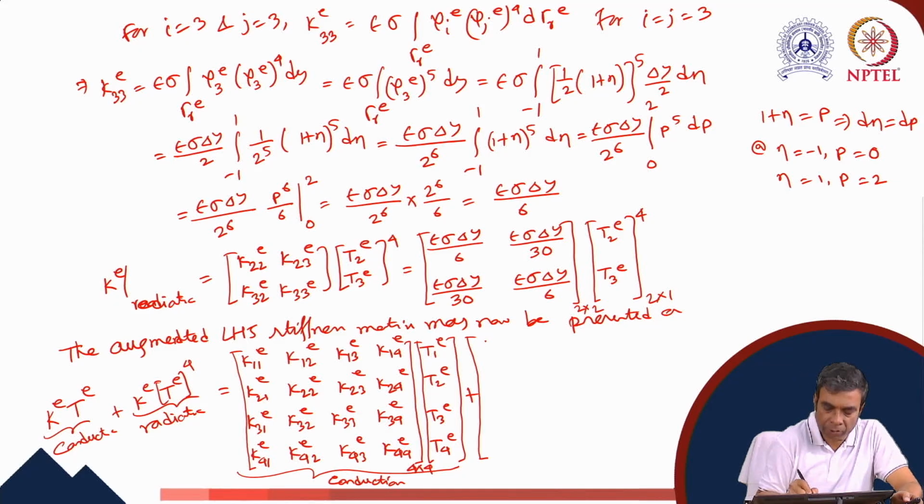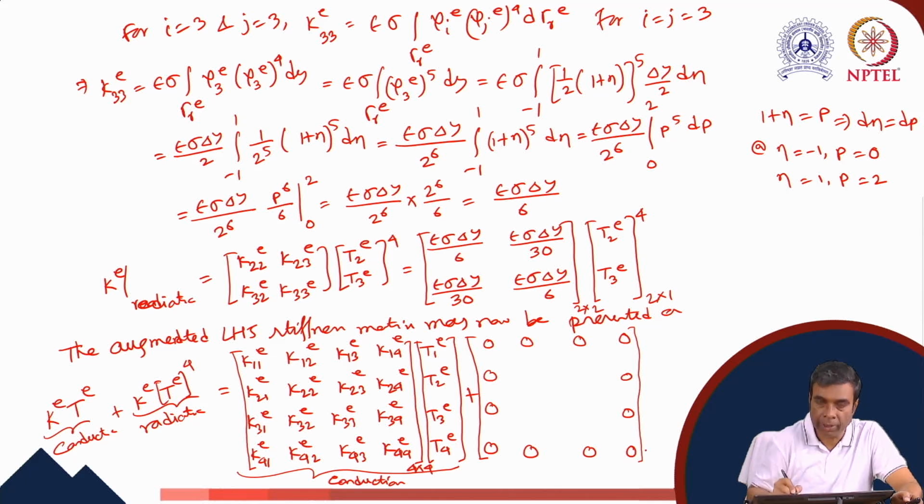So the first row corresponding to T1e will have all the zeros. So 0, 0, 0, 0, 0, 0, 0, 0, 0, 0, 0, 0. So the terms associated with nodes 1 and 4 are all zeros, and the remaining terms we fill here.